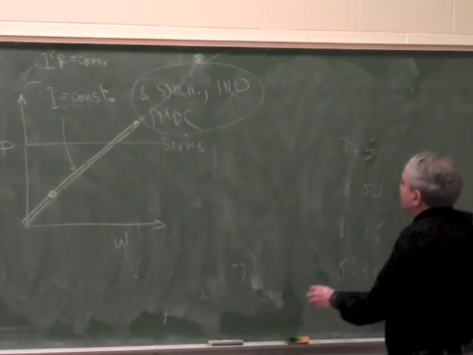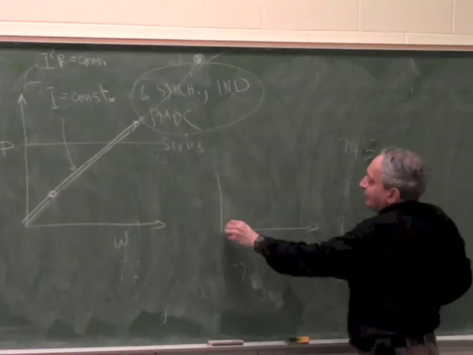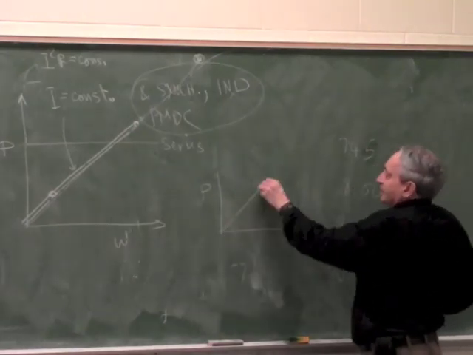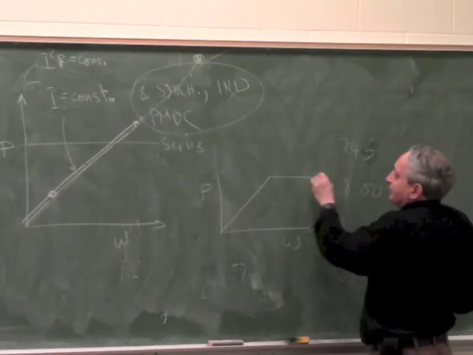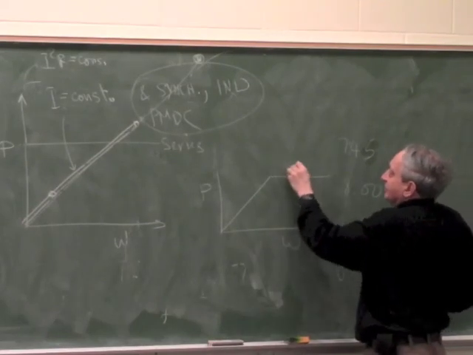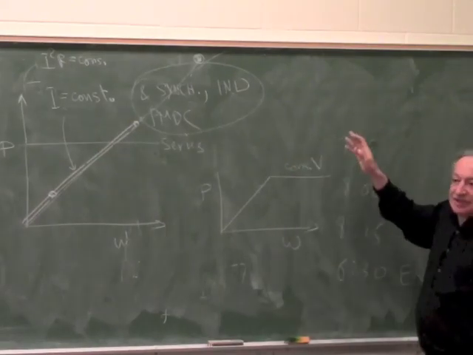So in practice, what happens? The graphs look like this. This is P, this is omega. It runs like this, which is constant P, and then flattens out. This is constant V, because you reach the full battery voltage, that's it.